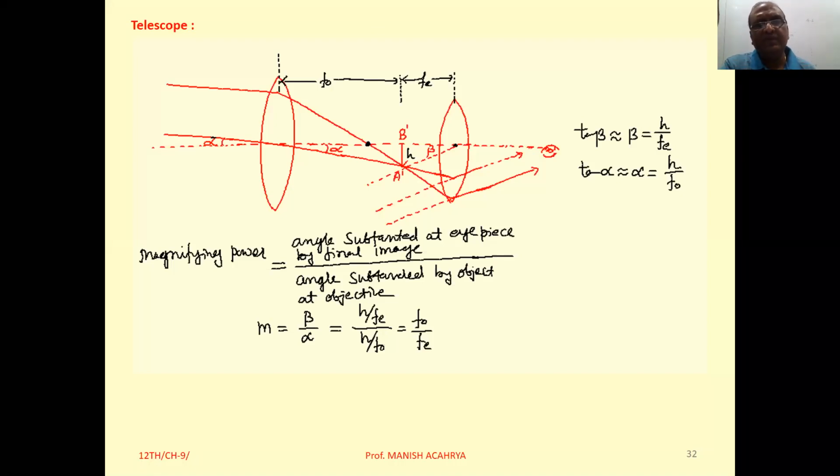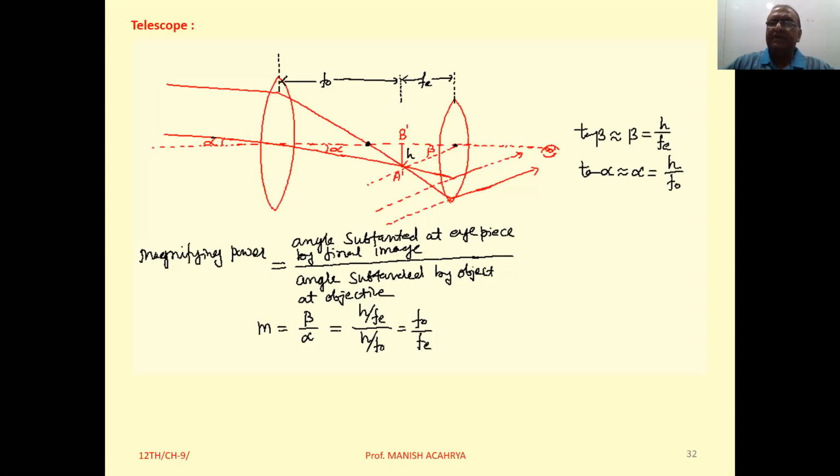It is also a system of two lenses, but in that the objective lens is the large one, and the eyepiece is the smaller one. And in a telescope, we observe distant objects, magnified and clear.